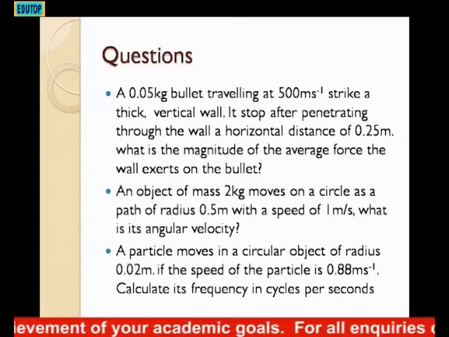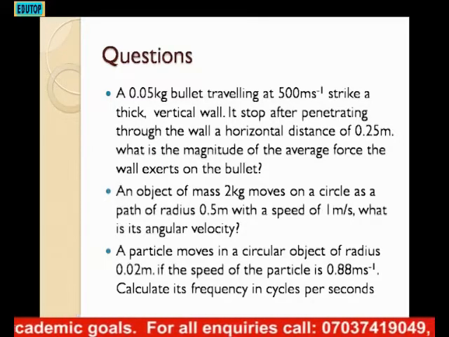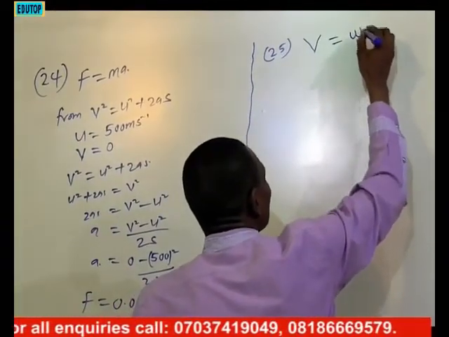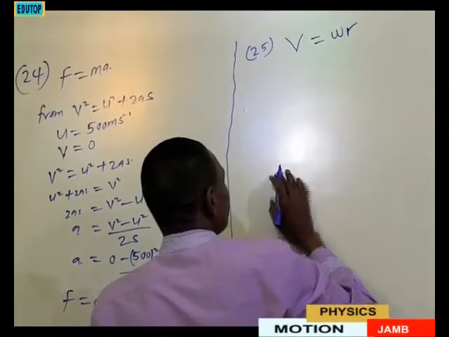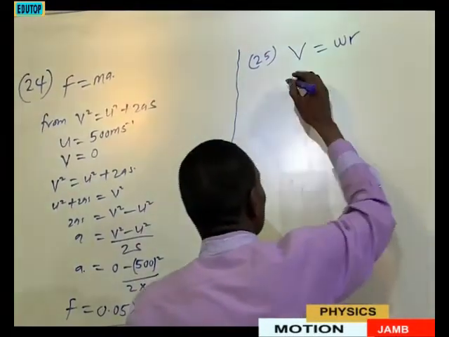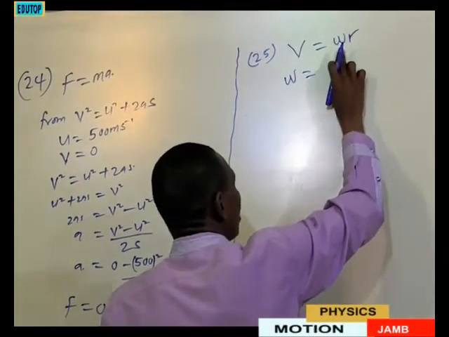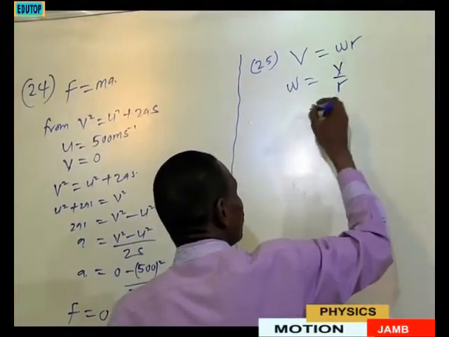There is a formula that relates linear velocity, or linear speed, to angular velocity, and this is what we are having. In this case we are looking for angular velocity. Make w, your angular velocity, the subject of the formula, then you are going to have v over r.